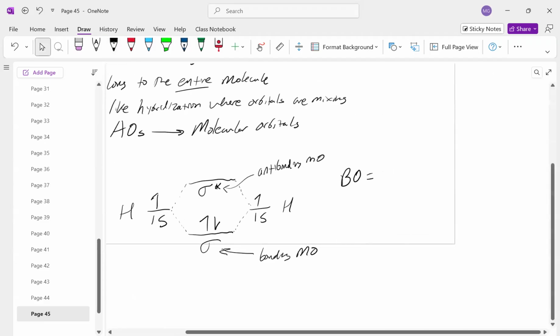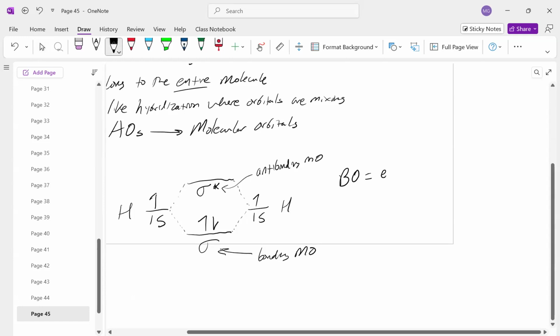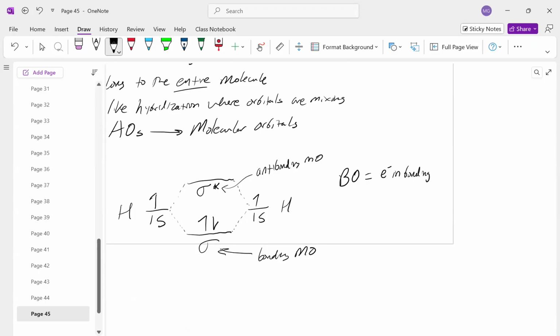To find bond order in this manner, it's the number of electrons in the bonding molecular orbitals minus the number of electrons in the anti-bonding molecular orbitals, divided by 2.